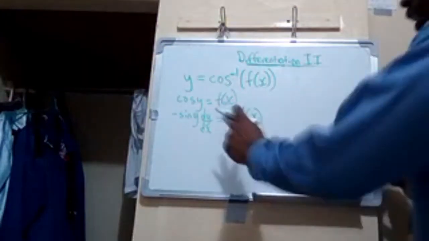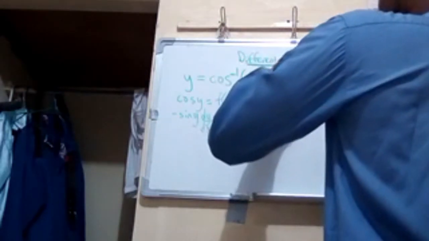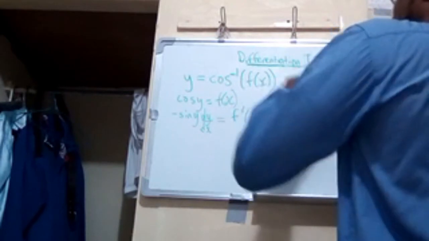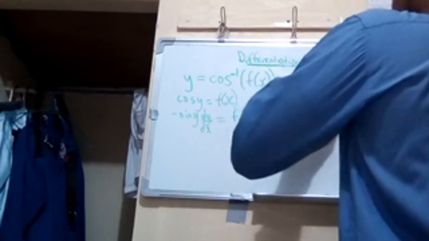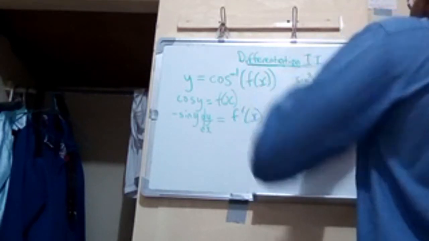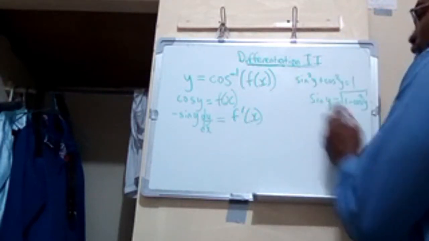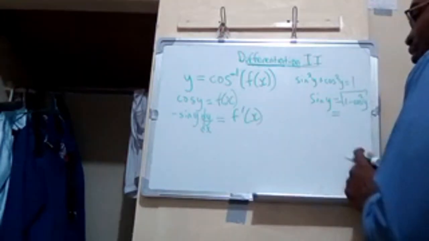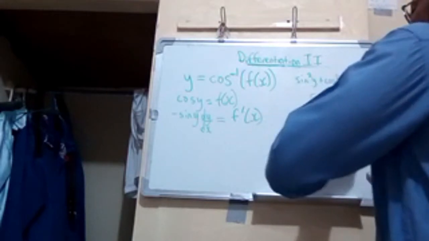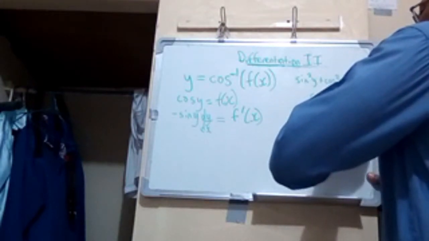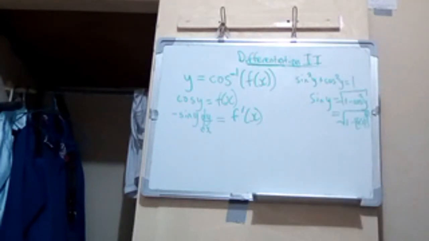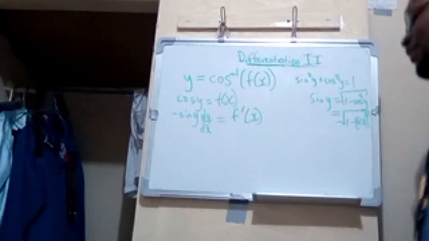Alright, and again, let's recall sine square y plus cos square y equals 1. And so sine y is equal to the square root of 1 minus cos square y. But then cos y is f of x, and so cos square y is going to be f of x squared. So this becomes 1 minus f of x all squared, because cos y is f of x.